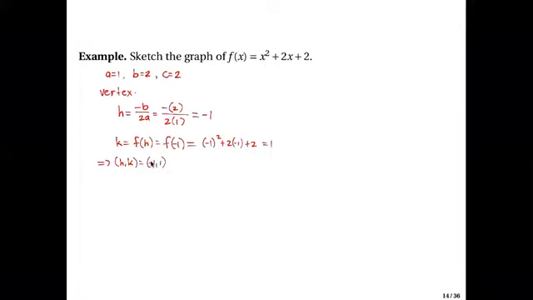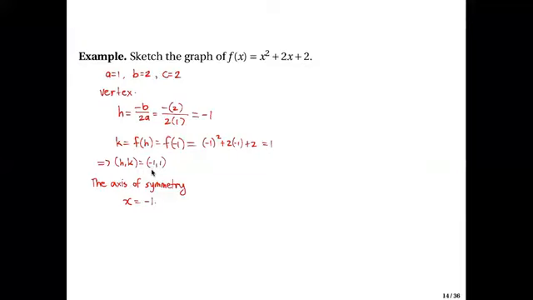Because you already now have the vertex, you can now write the axis of symmetry. The axis of symmetry is the vertical line x equals h, which is just negative 1.